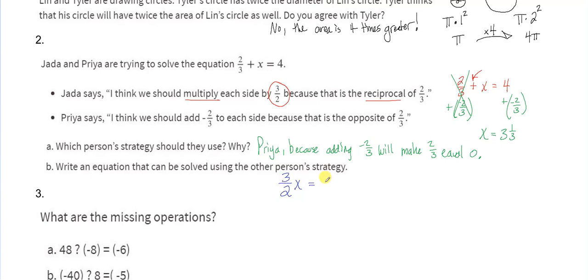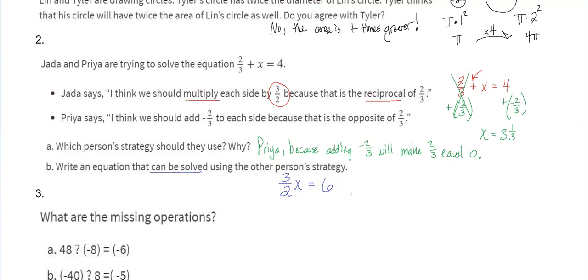Let's just say that the other side is 6. And we did say we had to solve it. It just says that can be solved. This could be solved by doing what Jada wanted to do. If we multiplied both sides by 2/3, it would eliminate the 3/2 because that's the opposite of multiplying by 3/2. That is the inverse of it. The multiplicative inverse is multiplying by the reciprocal.